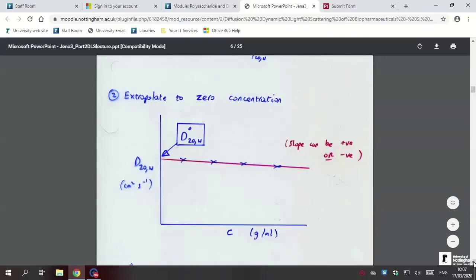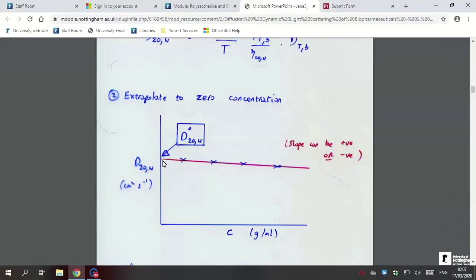And then you've got this non-ideality again. Non-ideality always comes in, so we've got to correct for non-ideality. So we make measurements at a series of concentrations and extrapolate back to zero concentration. Now, luckily, with the diffusion coefficient, you've got opposing types of non-ideality coming in. You've got thermodynamic non-ideality caused by the size, exclusion volume, and charge effect repulsions.